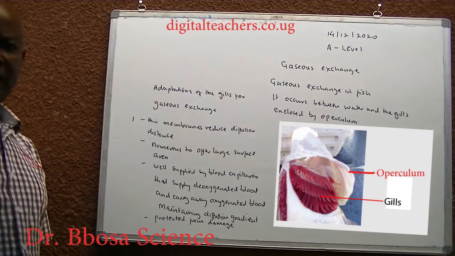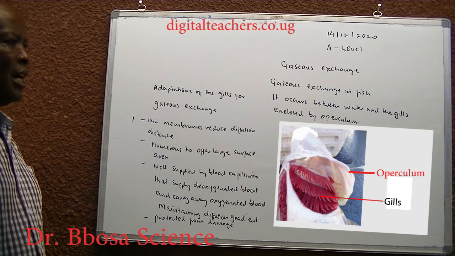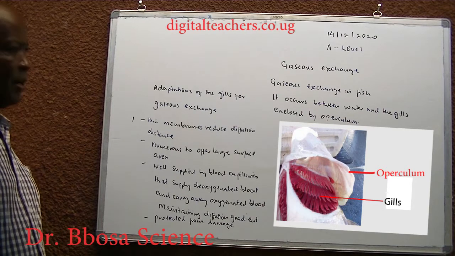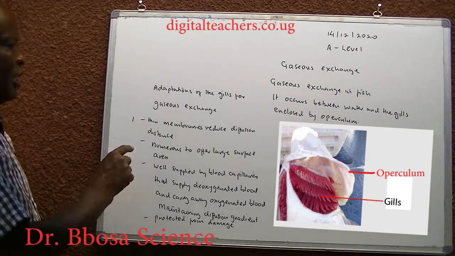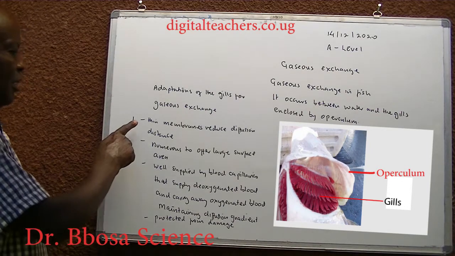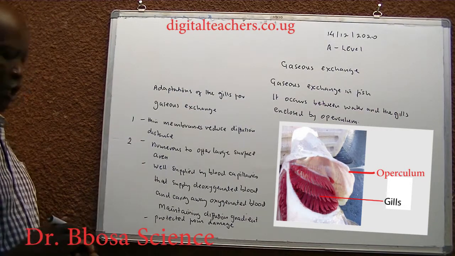Gaseous exchange in a fish. It occurs between water and the gills enclosed by the operculum. Adaptations of gills for gaseous exchange. 1. Thin membranes. 2.